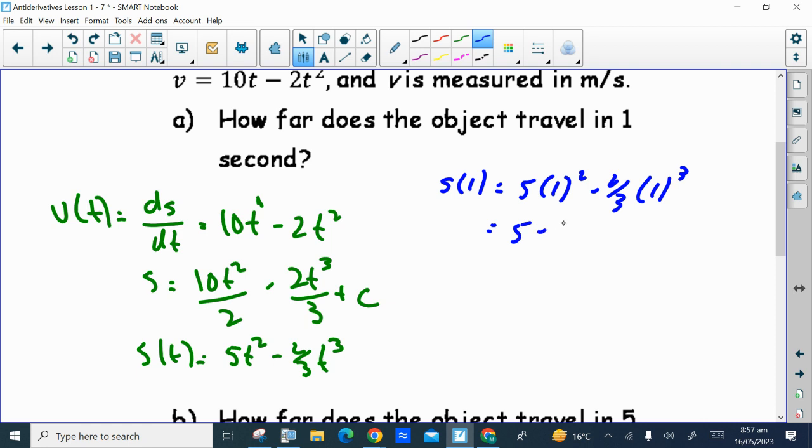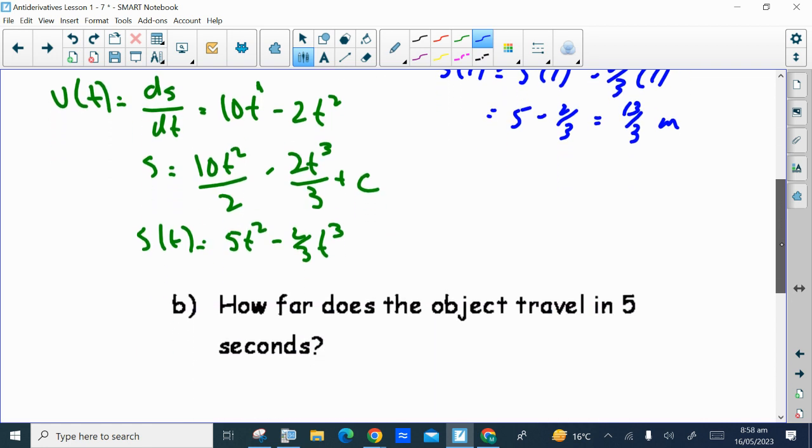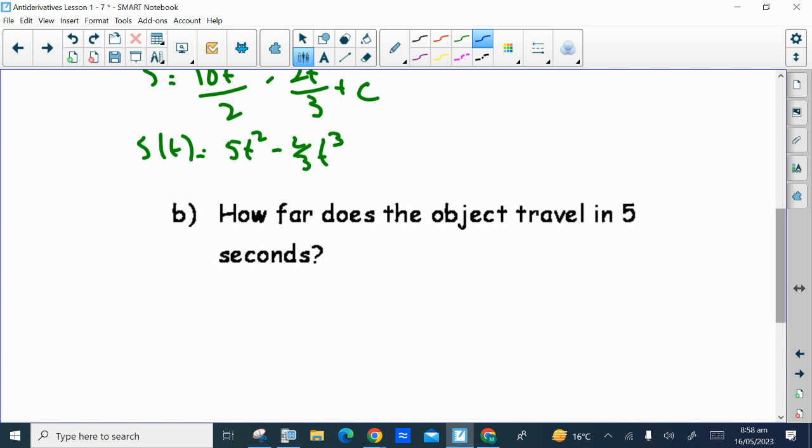So that'll be 5 take away 2/3. 15/3 take away 2/3 is 13/3 meters. Part B then, how far does it travel in 5 seconds? So s at 5 will be 5 times 5 squared minus 2/3 times 5 cubed.